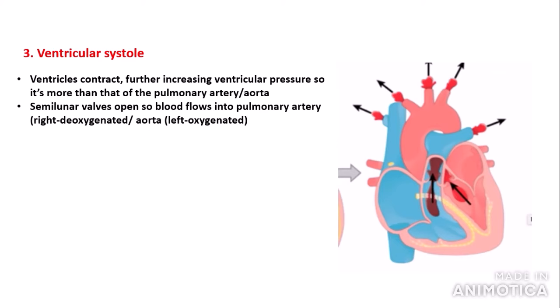This means that the semilunar valves open. I didn't mention this earlier, but the semilunar valves are the valves between the ventricles and the pulmonary artery or the aorta. So these valves open so the blood flows into the pulmonary artery or the aorta.